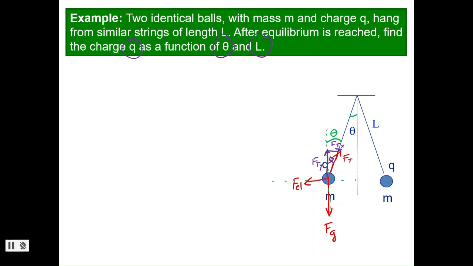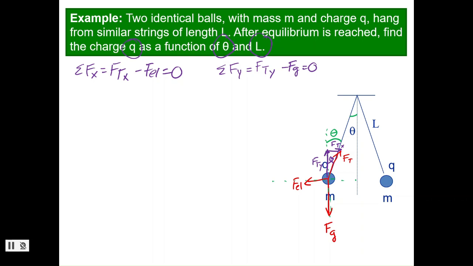now for some of those constants. So I'm going to write net force equations. I have a net force equation in the x direction, and that is going to be FTX minus my electric force. This is going to be an equilibrium, so that's going to add up to 0. And then in the y direction, I have FTY minus FG, and that adds up to 0 as well.